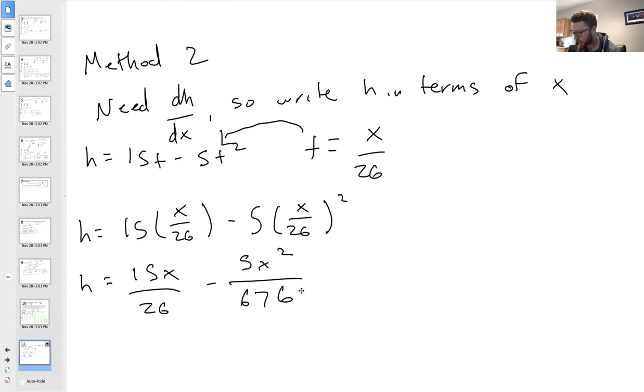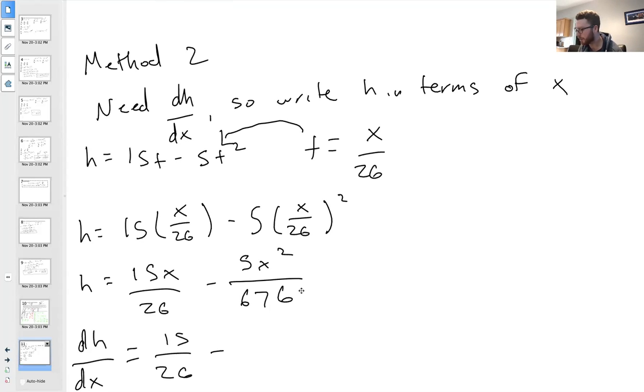So at this point, because our formula is written in terms of h and x, we have h is equal to 15x over 26 minus 5x squared over 676. Now we can take the derivative of h with respect to x. The derivative of 15x over 26 is just going to be 15 over 26.